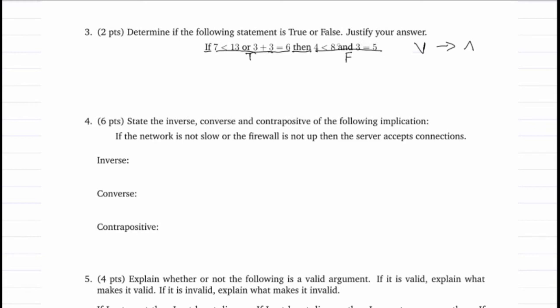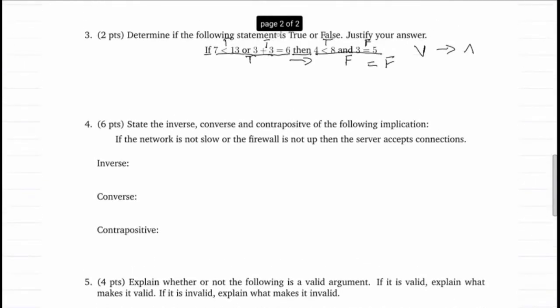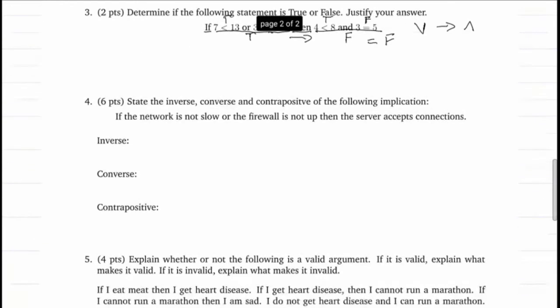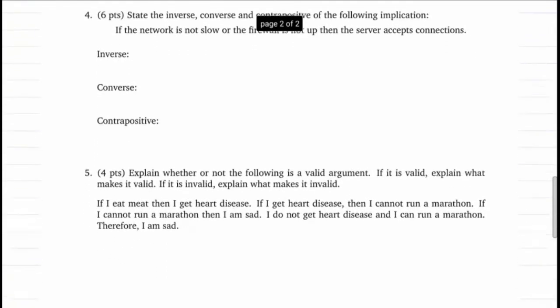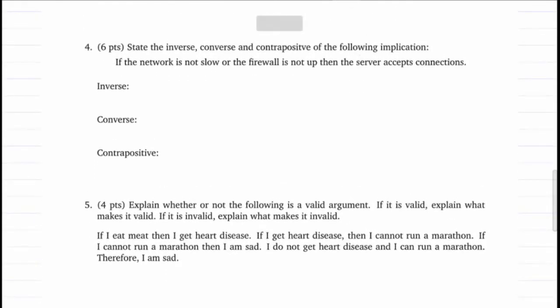So when a true and a false are ANDed together it's a false. Now we have a true implying a false, and we know that when a true implies a false, this is false. If you want to write that out in words, you can, but the statement is false because of these reasons. Okay, so now we'll move on to question 4.